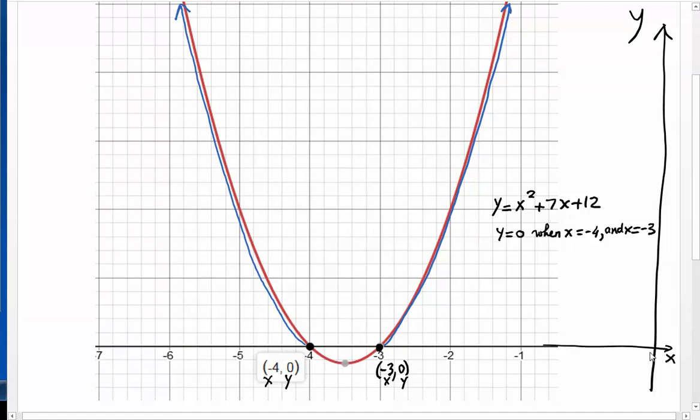So for those blue points, any blue point I pick, you will have whatever x is, comma, and y will be a positive value because this is a point above the x-axis. So for all those blue points I highlighted, y is positive.